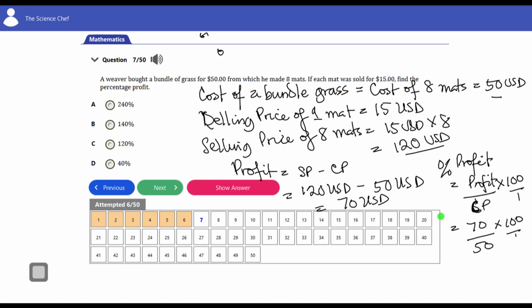If we evaluate this, the answer should be 140%, which is option B. How do you get this 140%? That will be 7 over 5 times 100. 7 over 5 is one whole number, 2 over 5. 2 over 5 is 0.4. That's 1.4 times 100, which gives us 140. So the answer is B.